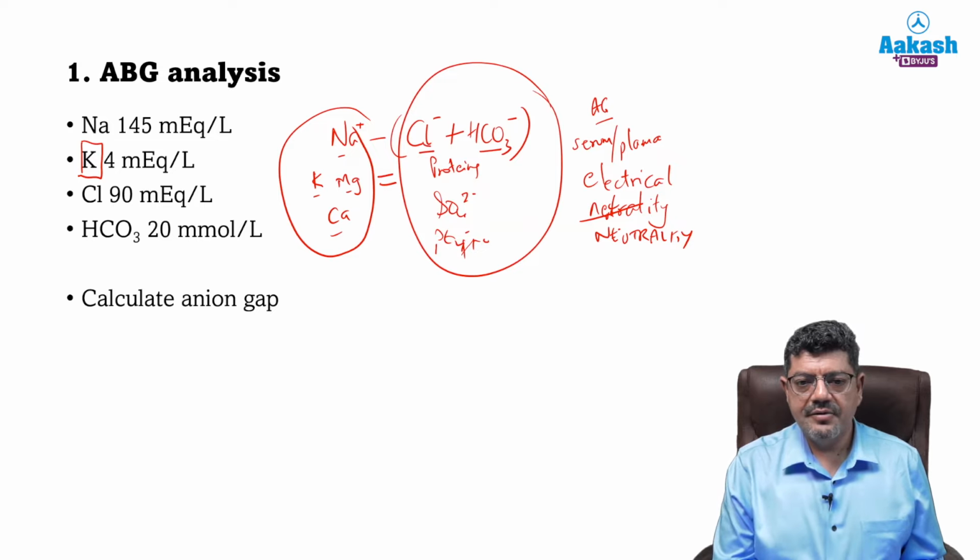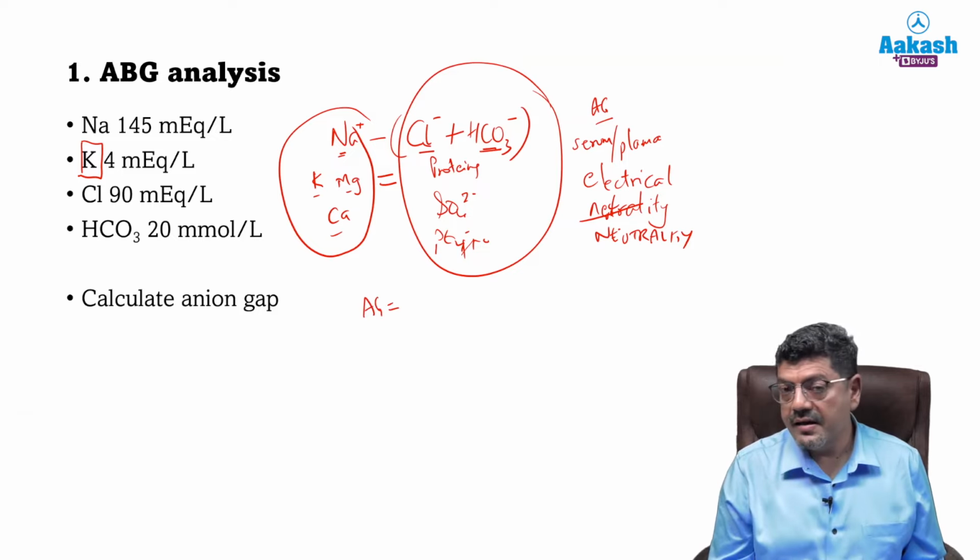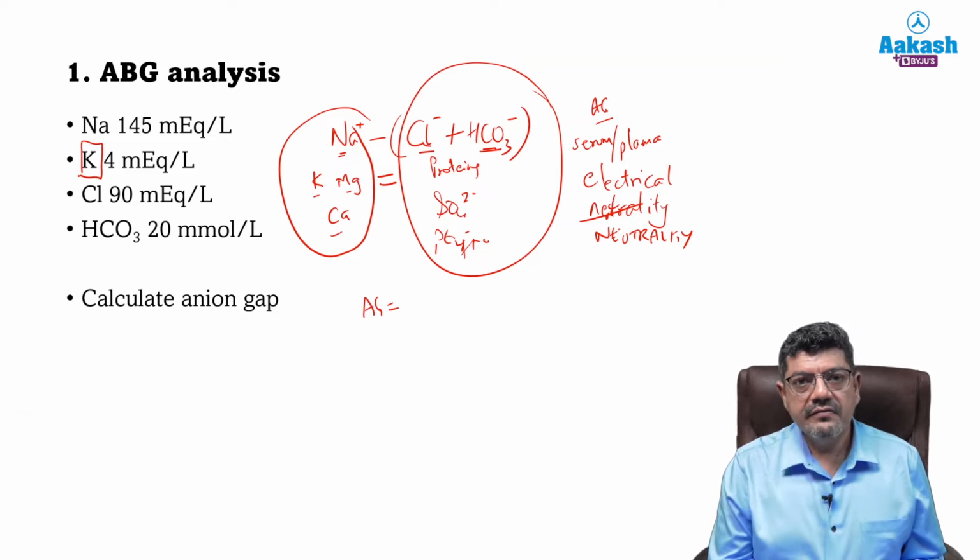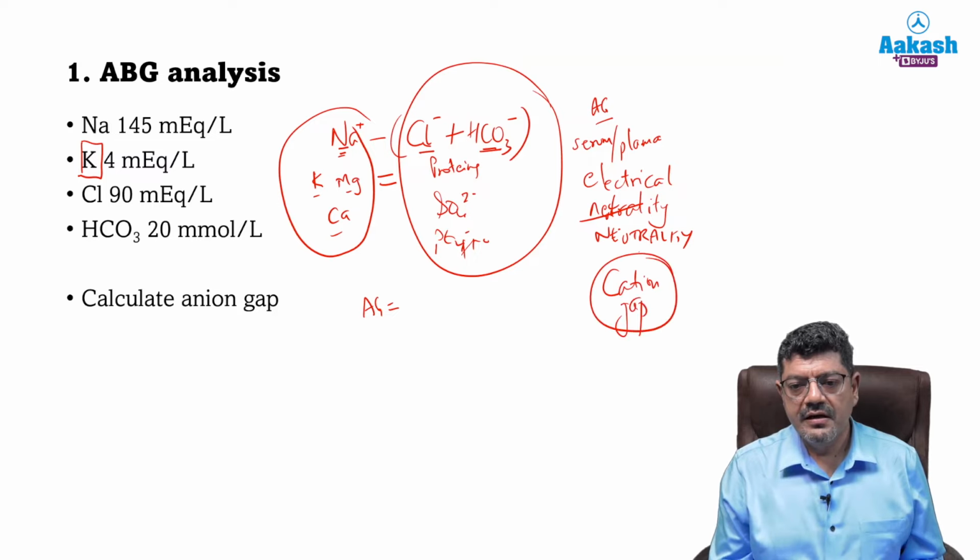So when you get a gap here, when the sum of chloride and bicarb is less than the concentration of sodium, that is what the anion gap is and why it is called an anion gap. If this were a negative figure, with sodium concentration lower than the sum of chloride and bicarb, it would have been called a cation gap, because then it would have meant that unmeasured cations are more, right?